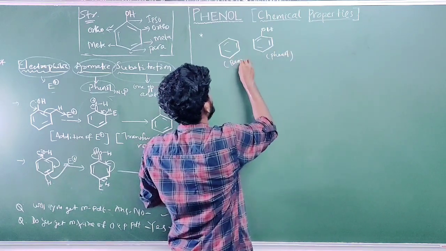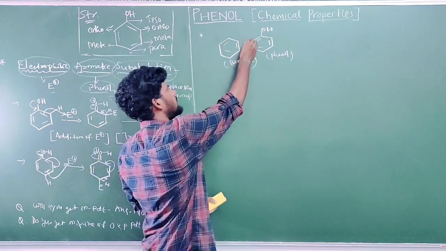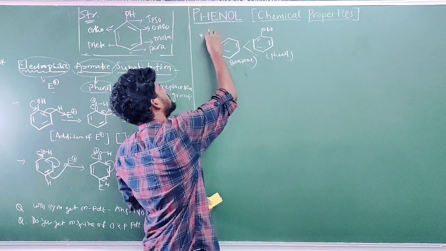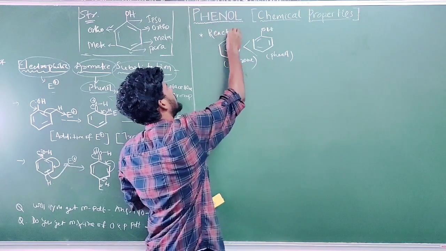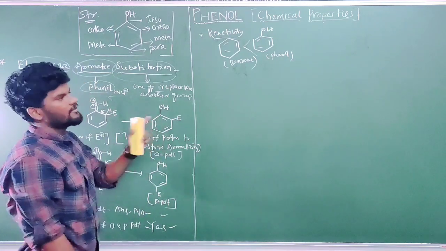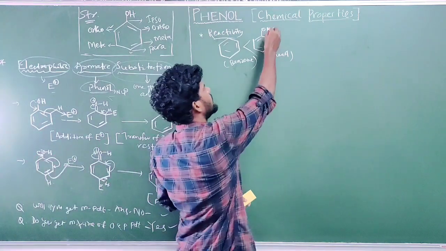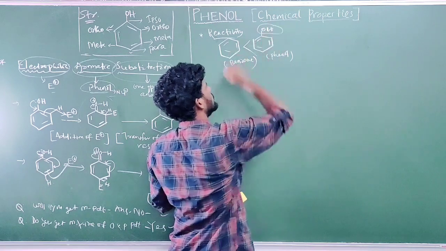Okay, and the reactivity order is that phenol is more reactive than benzene. Reactivity, right here you can write reactivity. So why is phenol more reactive than benzene? Because of this OH group.